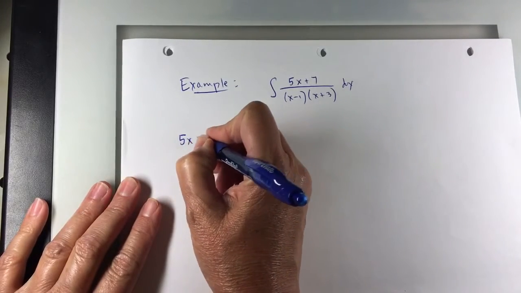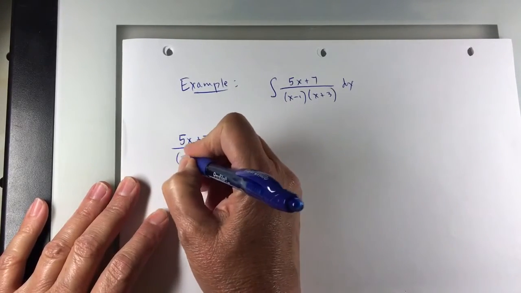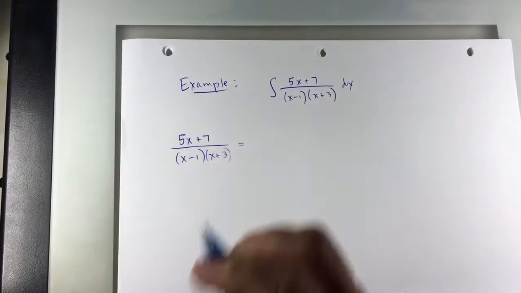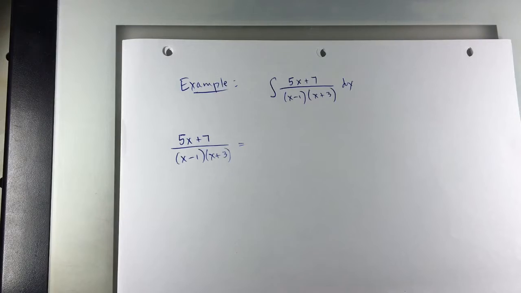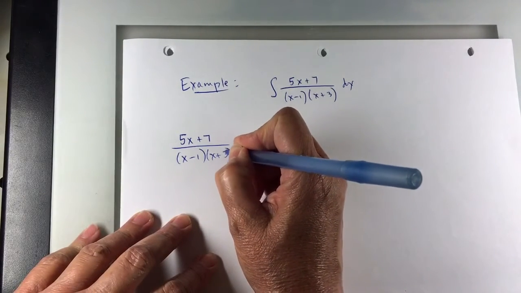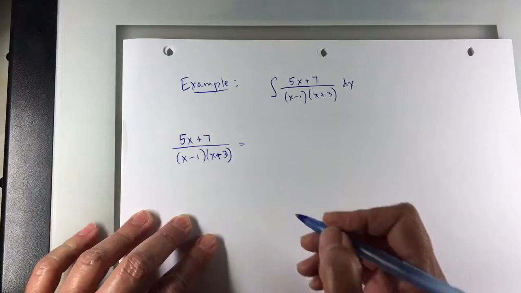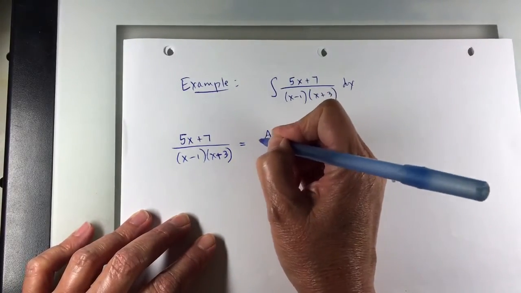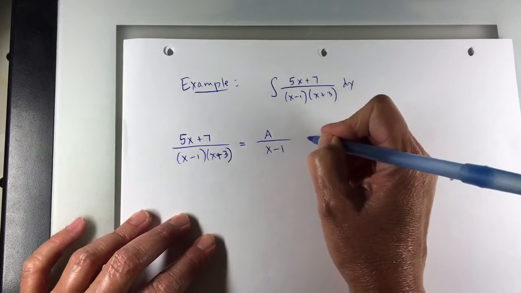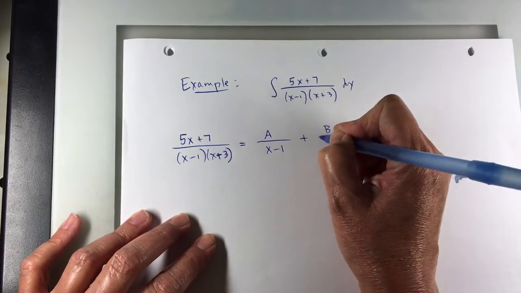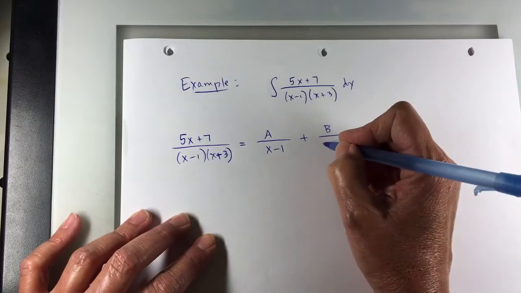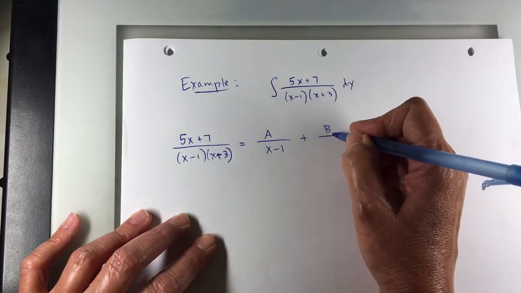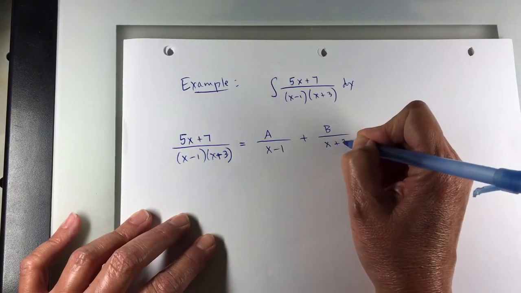So I have to take the 5x plus 7 over x minus 1 times x plus 3, and I am going to try to split this into two fractions where one of them has x minus 1 in the denominator. I'm going to write A over x minus 1, and the other one has B over x plus 3.